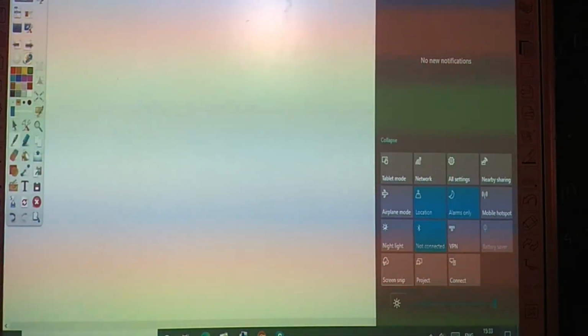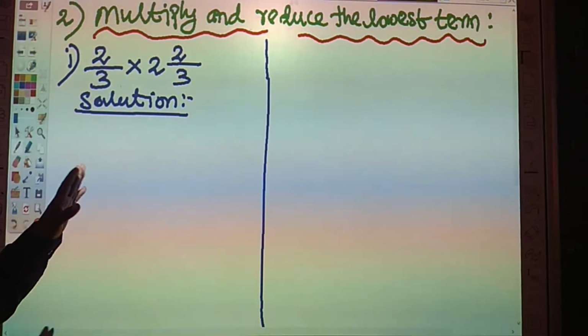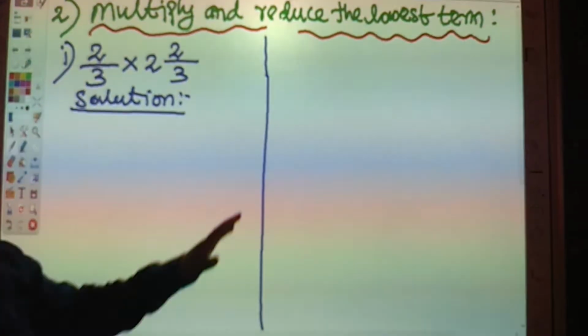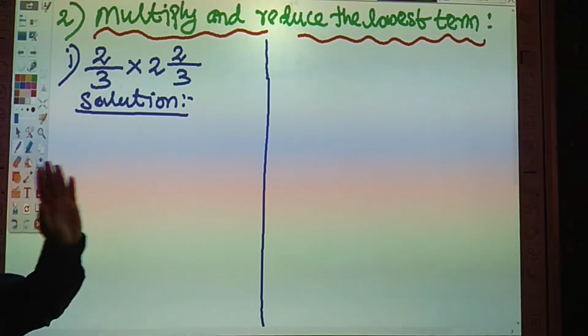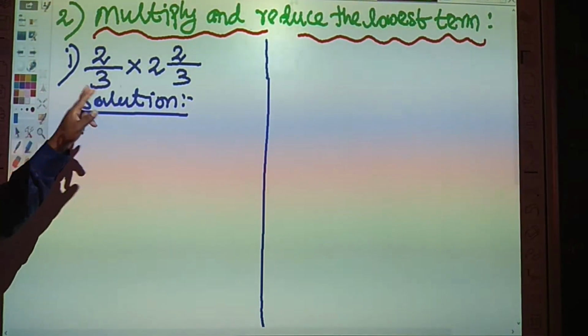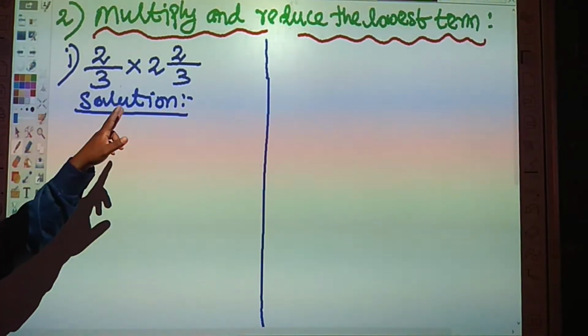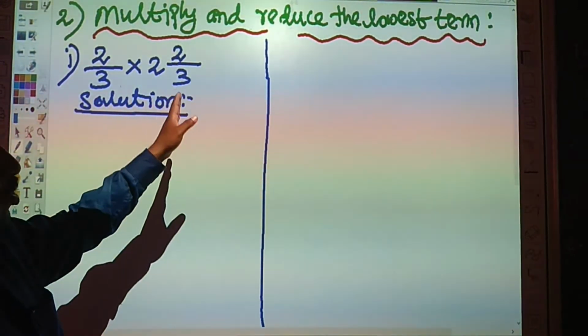The next one, the second one: multiply and reduce to the lowest term. The first one is 2 by 3 into 2 into 2 by 3.